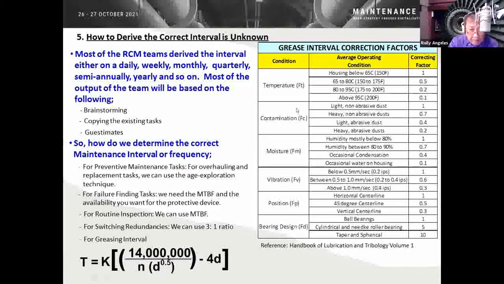This will be a factor of the temperature FT times the contamination FC times the moisture FM times the vibration of the equipment FB times the position, whether horizontal or vertical, FP, and the design of the bearing, which is FD. So if you are in a worse condition, you aim for the lower value. Okay. But if your condition is not so harsh, you can use a factor of 1.